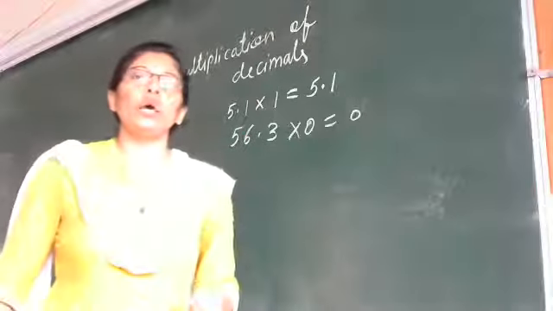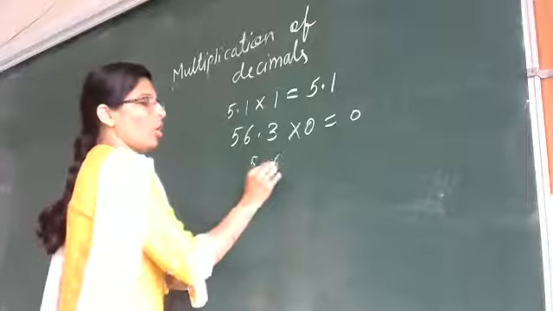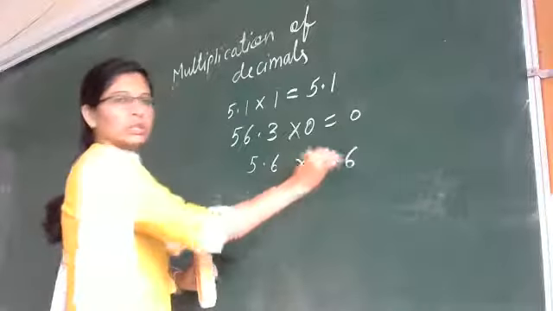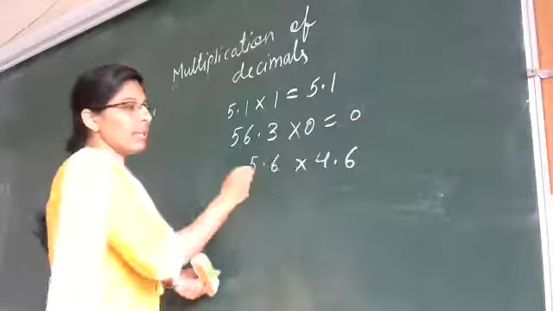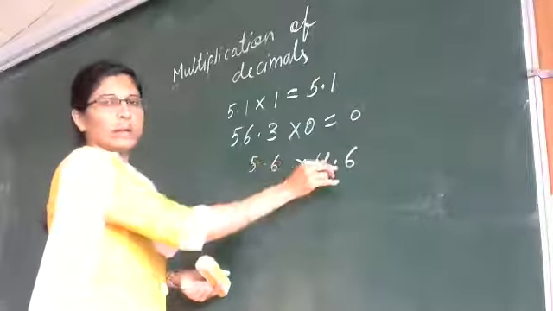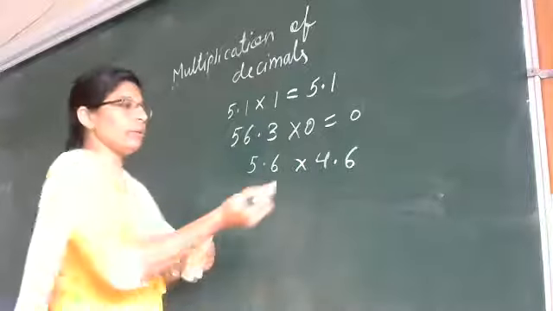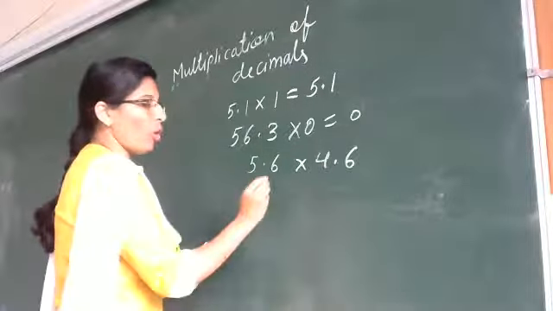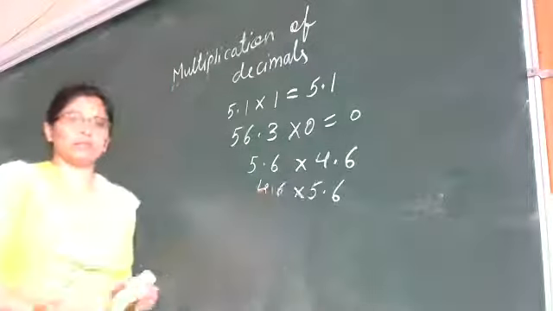Now next is the order property, meaning if you change the order of two decimals, we are going to get the same answer. 5.6 multiplied with 4.6, whatever product comes, the same answer will be there if you change the order, 4.6 into 5.6.